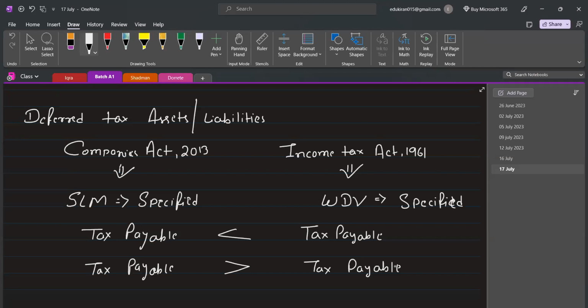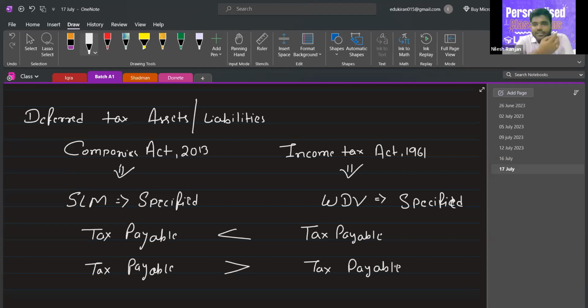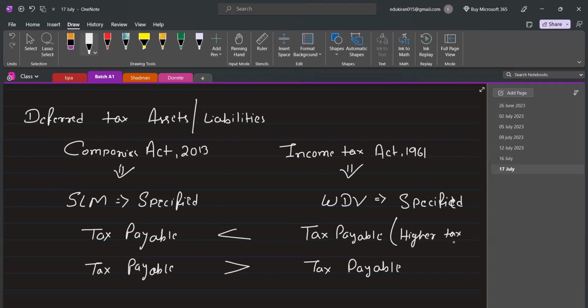Income Tax Act. Yes, because it is specifically for tax purposes. That's why a company pays tax on the basis of the Income Tax Act provisions. So in the first case, you will pay higher tax, yes or no? Yes, sir.